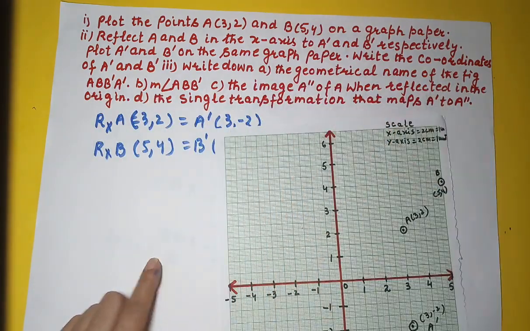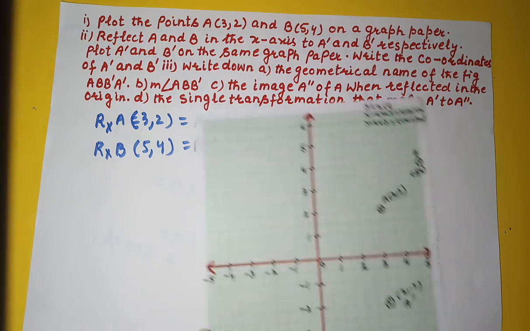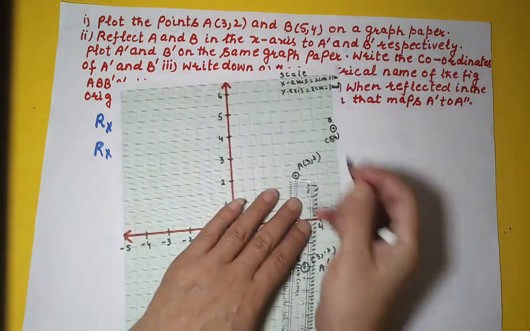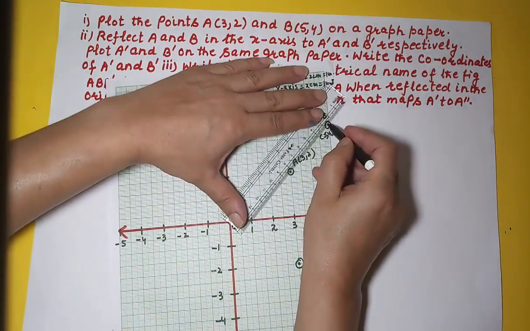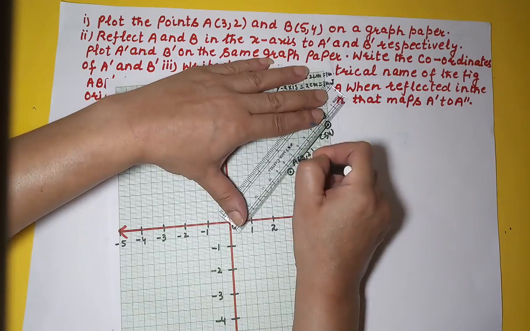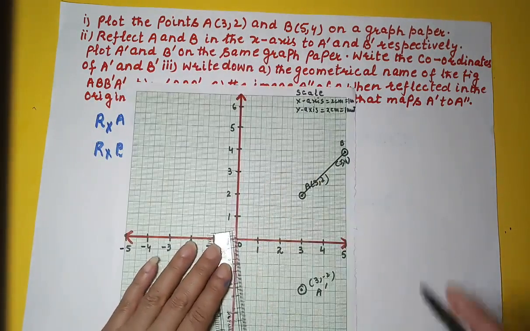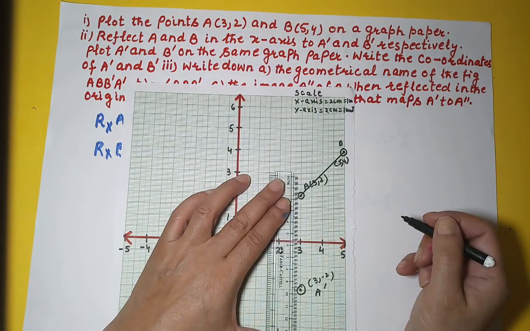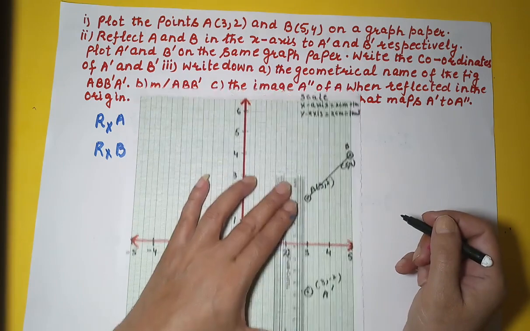So write down the geometrical name of the figure A, B, B dash, A dash. Now that means I have to join these points. Okay, let me join first A and B. Alright, then B dash A dash.